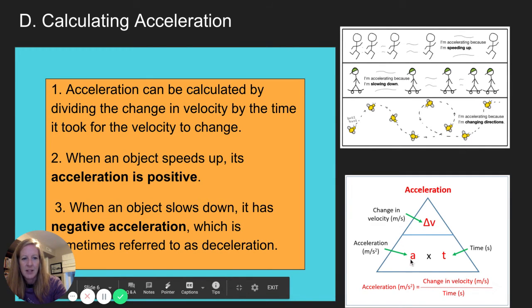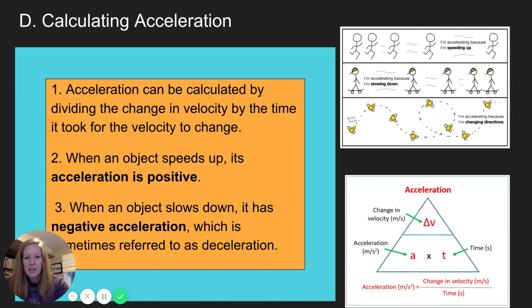If we know the velocity and the acceleration, we would do the change in velocity divided by acceleration, and we could find the change in velocity by doing acceleration multiplied by time. When an object speeds up, its acceleration is positive. When an object slows down, its acceleration is negative, and we usually call that deceleration.